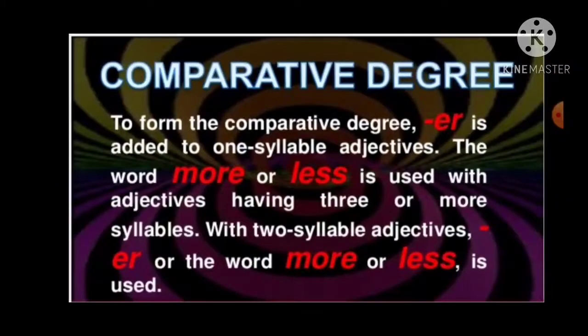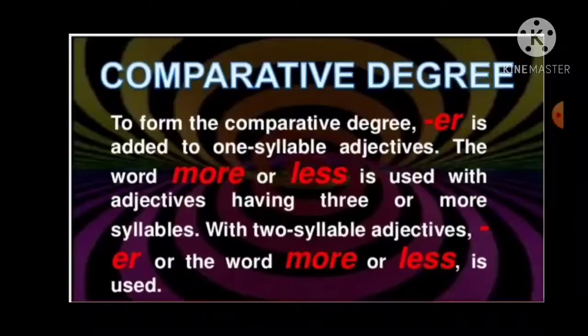But clever, tall, short, you cannot divide them or split them into parts or syllables. So if the word is a monosyllabic or one syllabic word, you just use or add a suffix er to the positive degree to form the comparative degree. But the word more or less is used with adjectives having 3 or more syllables.